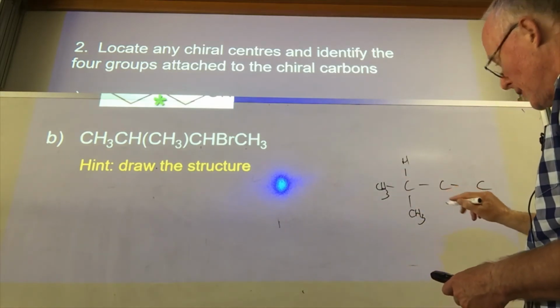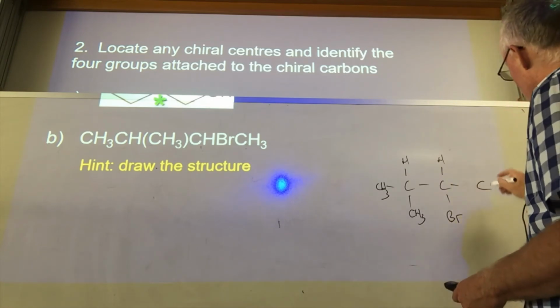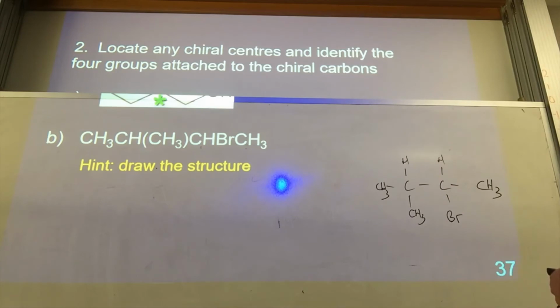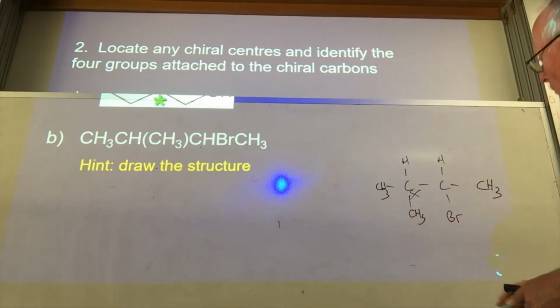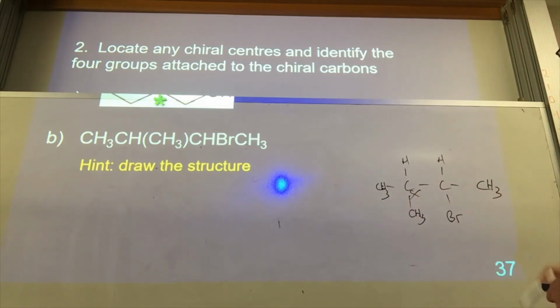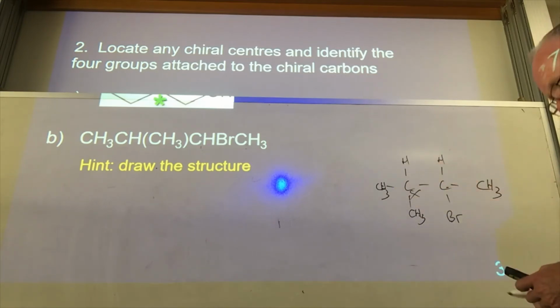Next carbon's got a hydrogen and a bromine, and then a CH3. So we see that is not chiral because you've got the 2 CH3s. This one is chiral because bromine, methyl, hydrogen, and then the propyl group there.